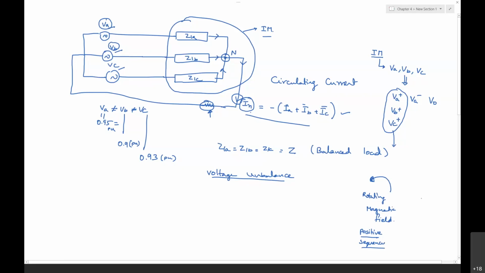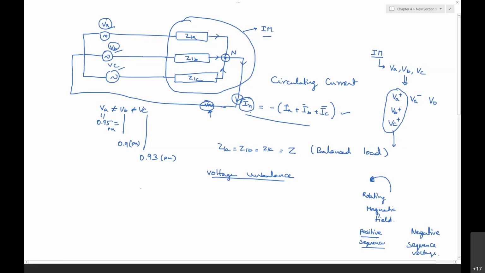Now, if you take the negative sequence voltages, then obviously the negative sequence voltages have a different phase sequence. You have been knowing about it also.